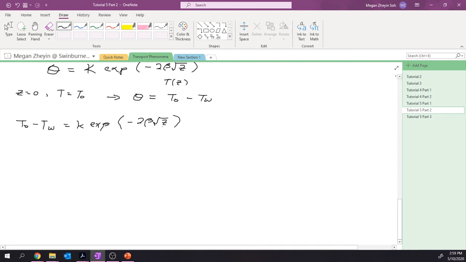But z is 0, so this becomes 0, and the exponential of 0 is 1. So we get k equals To minus Tw.